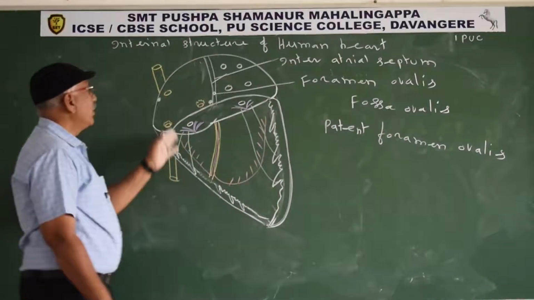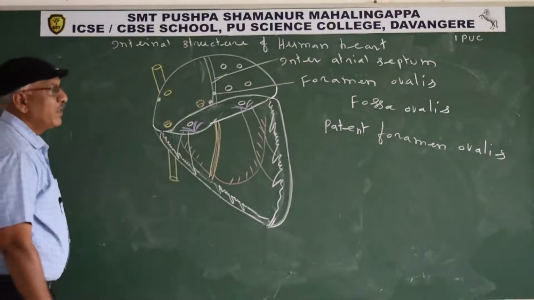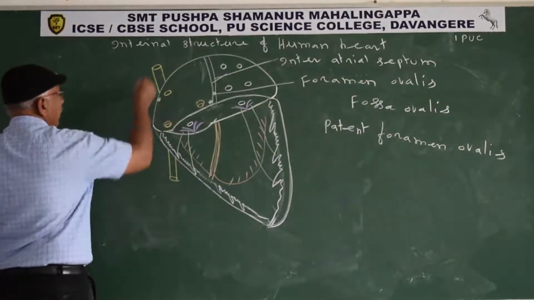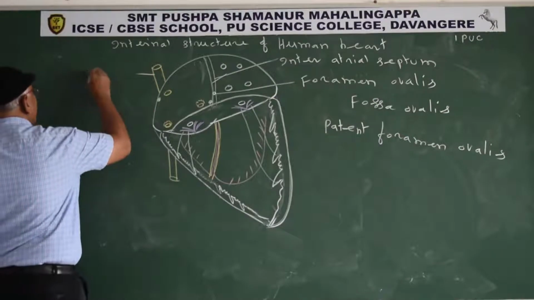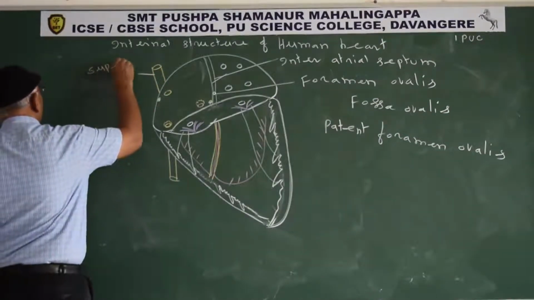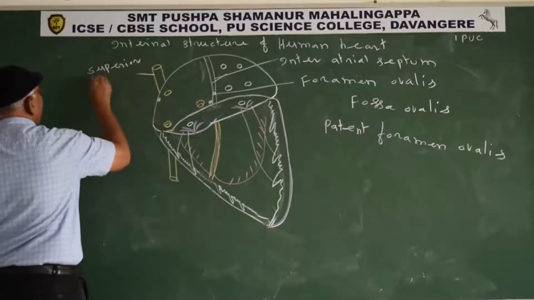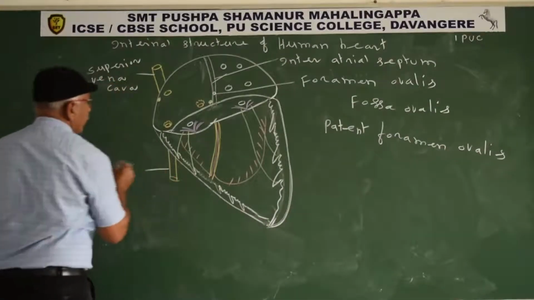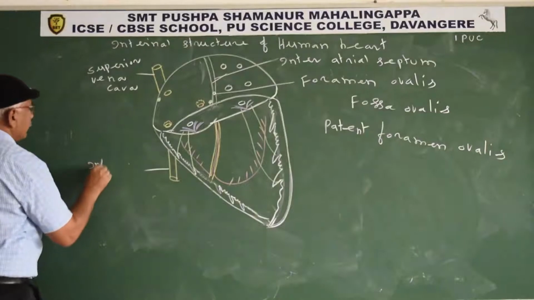Next one. The right atrium contains 3 openings. The opening of the superior vena cava and the opening of the inferior vena cava.